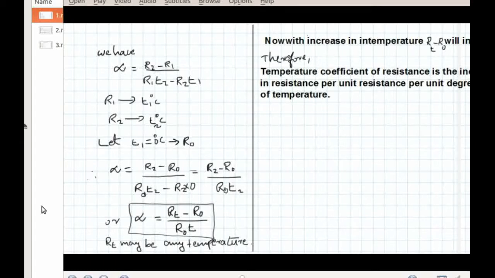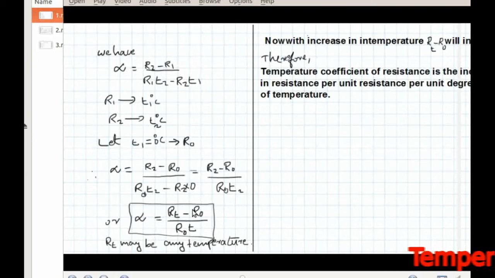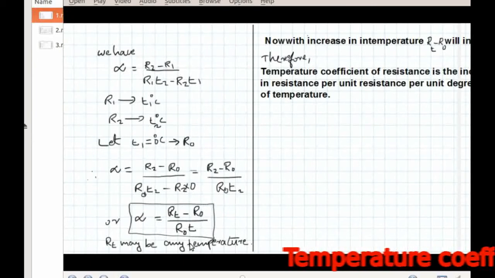Therefore, temperature coefficient of resistance is the increase in resistance. That means RT minus R0 represents the increase in resistance. So temperature coefficient of resistance is the increase in resistance per unit resistance per unit degree rise of temperature.